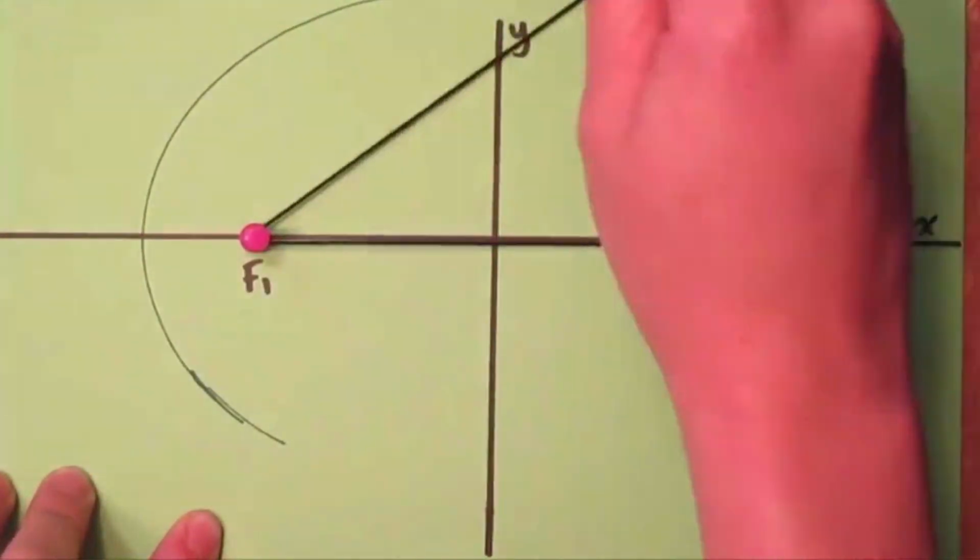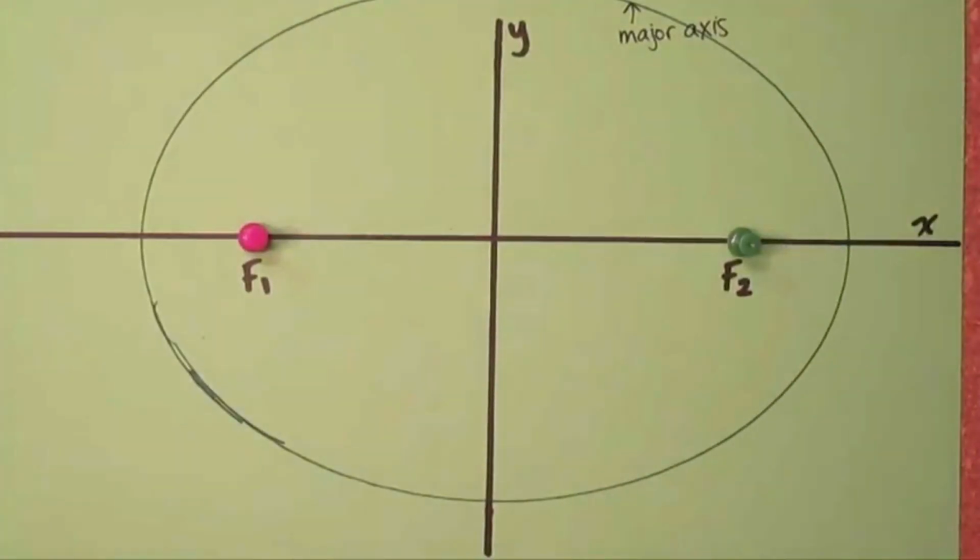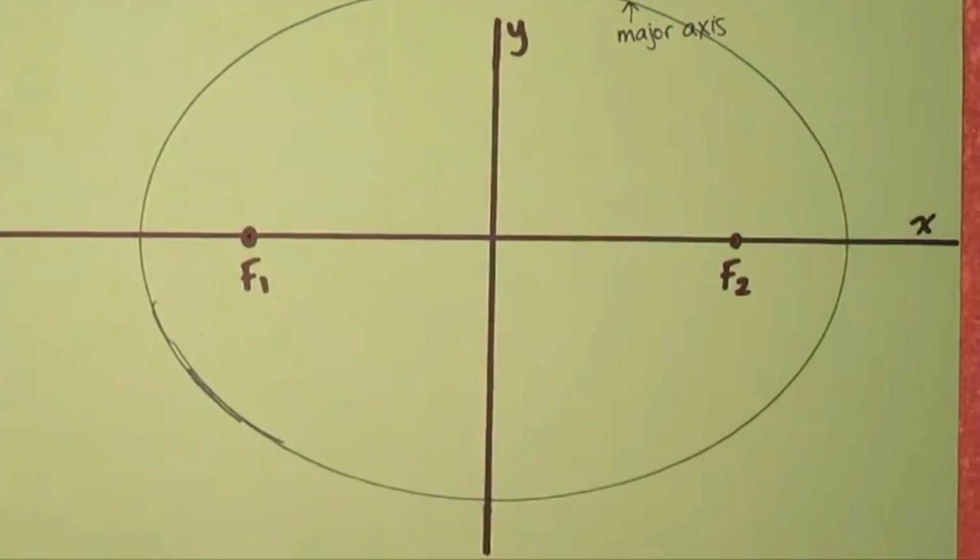If you just keep the string taut, you can draw an ellipse.